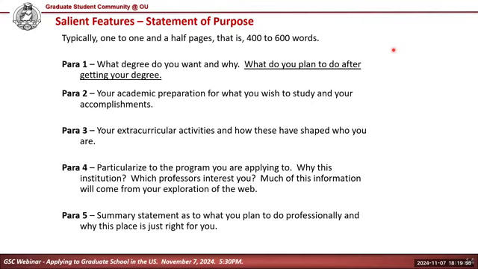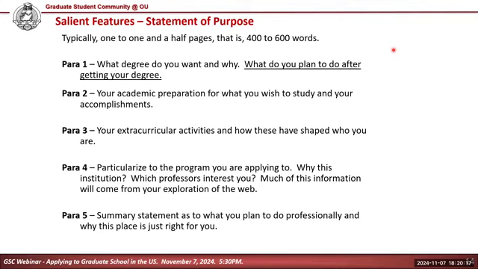Now, this slide is probably the most important slide that I can leave with you. What are the salient features of a statement of purpose? It typically goes from 1 to 1.5 pages, about 400 to 600 words.